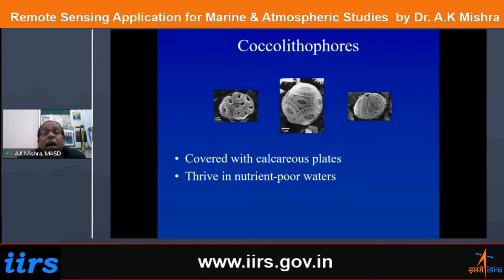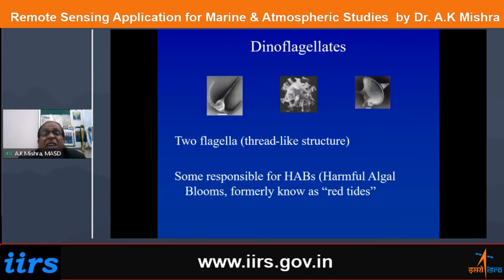And these are coccolithophores. They are found in the oceanic desert waters, and they have calcareous plates, and they thrive in the nutrient poor water. These are dinoflagellates, and two thread-like structures are present.